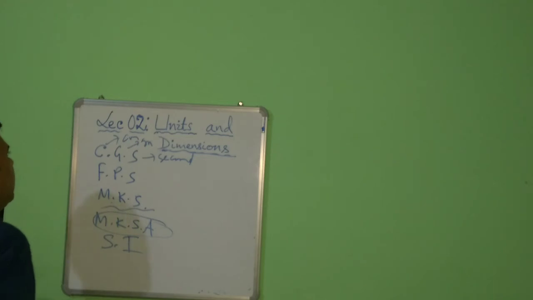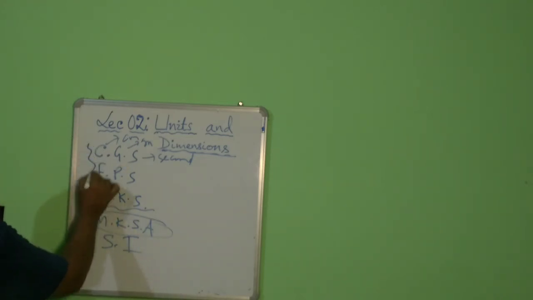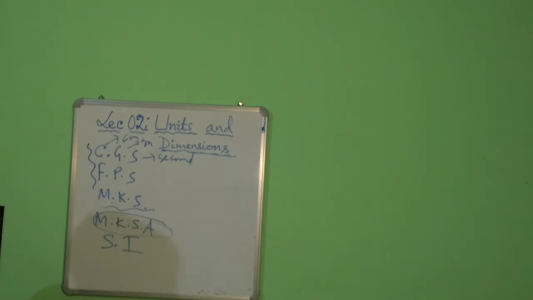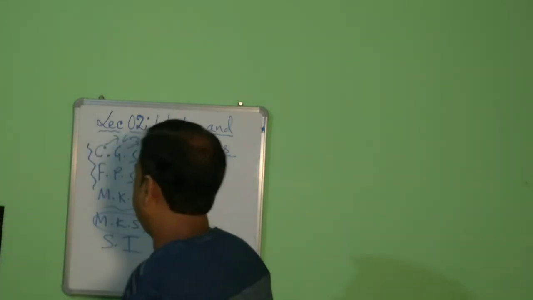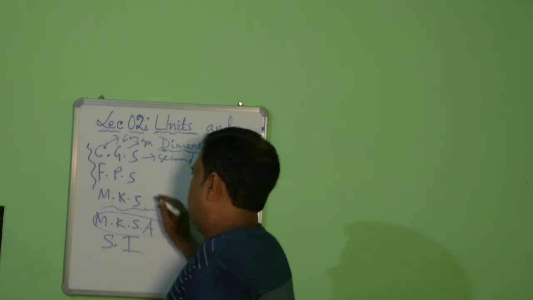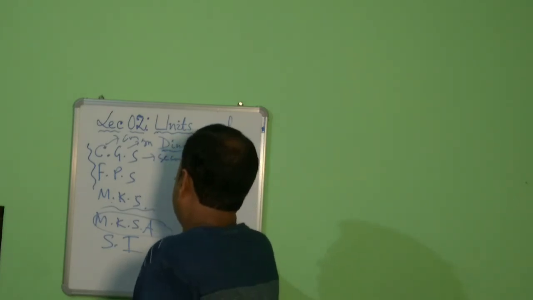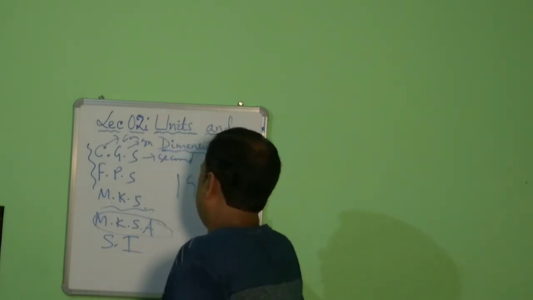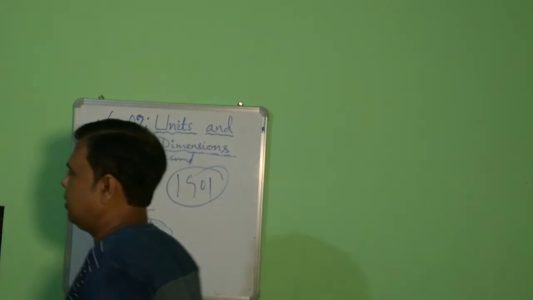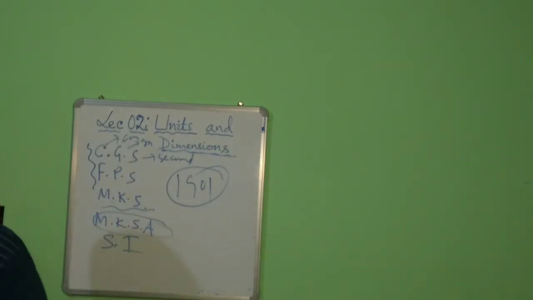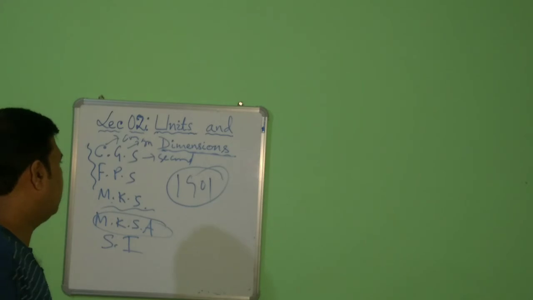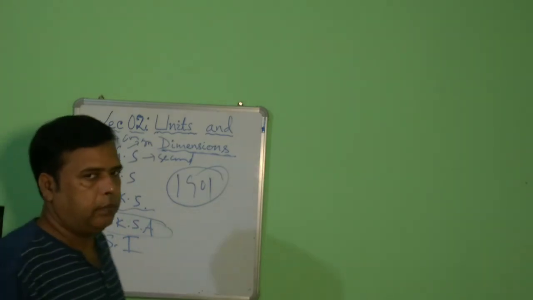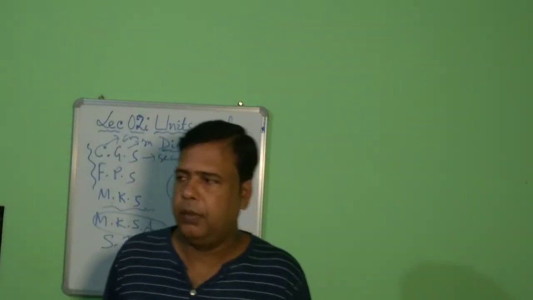In earlier times, during the 19th century, CGS and FPS were in use. CGS is also known as the Gaussian system of units. Later, towards the beginning of the 20th century, around 1901, the MKS system evolved, with meter, kilogram, and second being the fundamental units of length, mass, and time respectively.